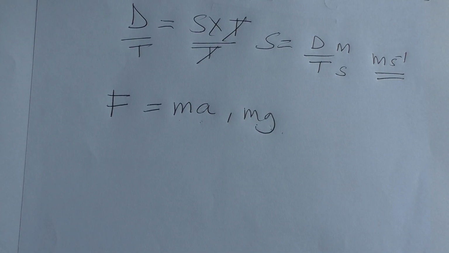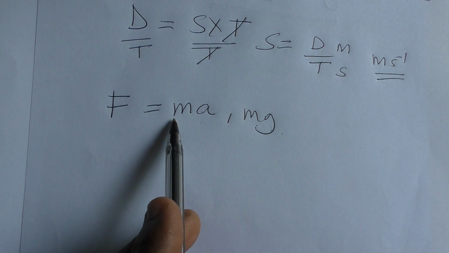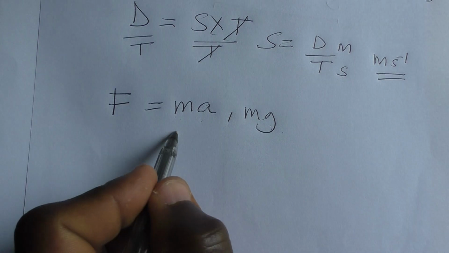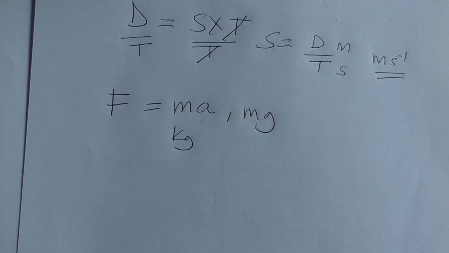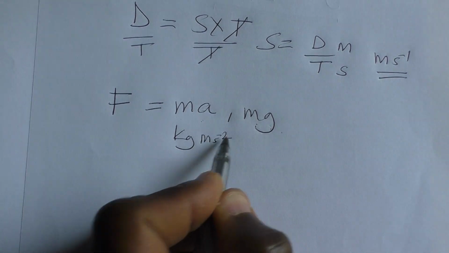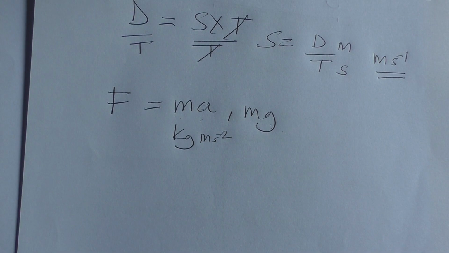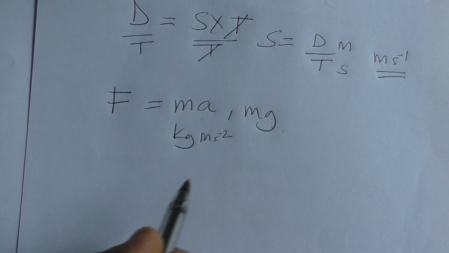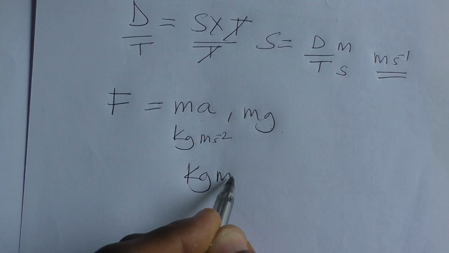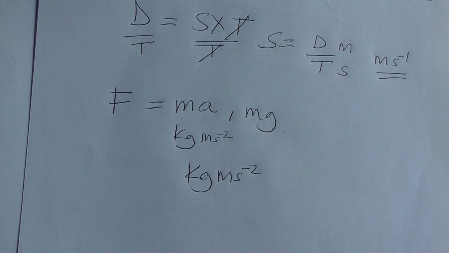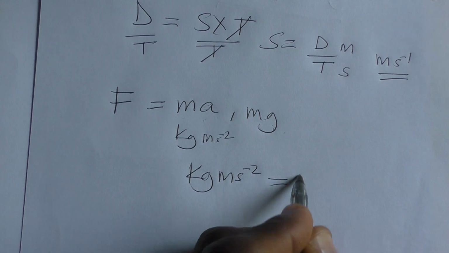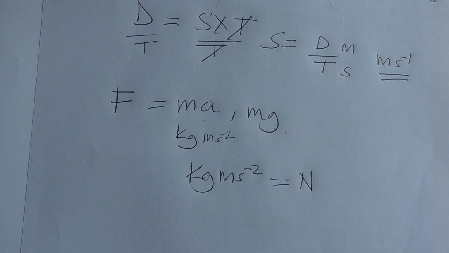Now, if mass times acceleration, then the unit of mass is kilogram. The unit of acceleration is meter per square second. Therefore, we can have kilogram meter per square second, which is equal to Newton.